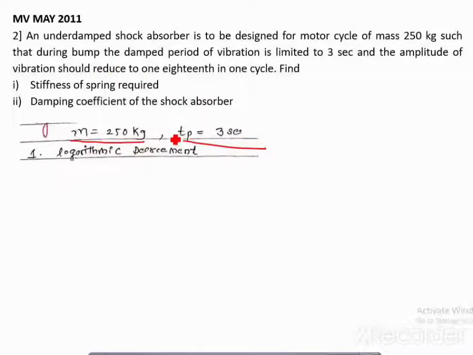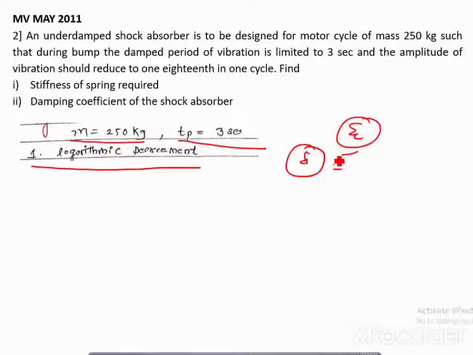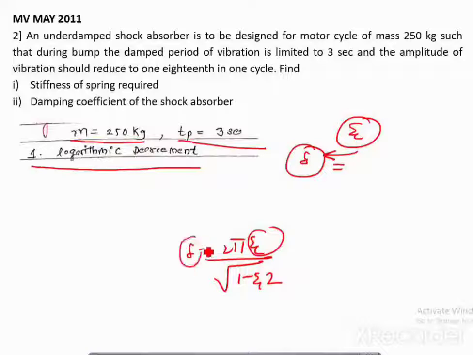To solve such a problem, the first step is to find the logarithmic decrement, delta. We have already understood the concept of logarithmic decrement and how you can calculate the damping ratio zeta from this delta. The formula is delta is equal to 2 pi zeta upon square root of 1 minus zeta square. To find zeta I have to find delta, or vice versa. This we have already derived.